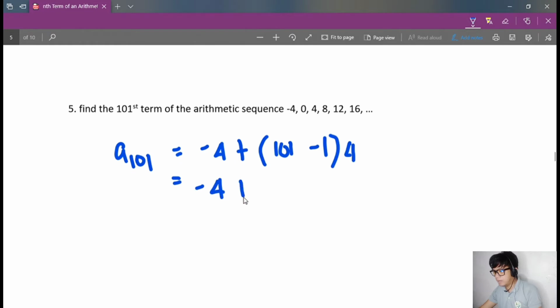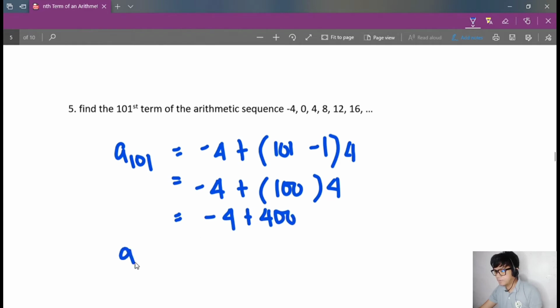Negative 4 plus 100 times 4. Then, negative 4 plus 100 times 4 is 400. So, our a sub 101 is equal to negative 4 plus 400, that's 396.